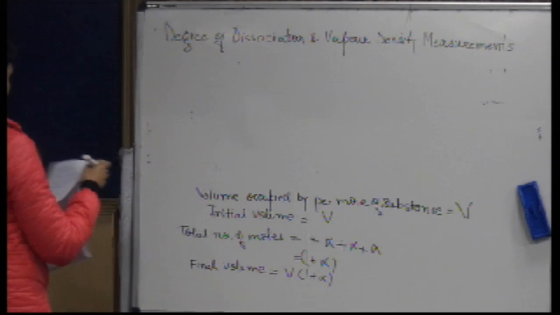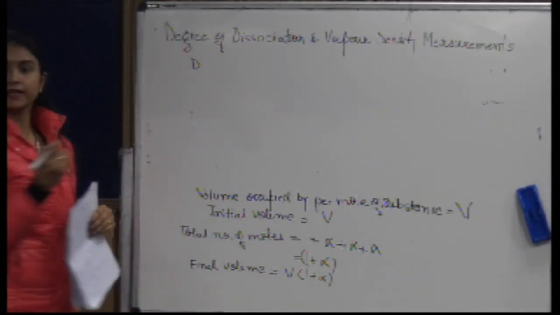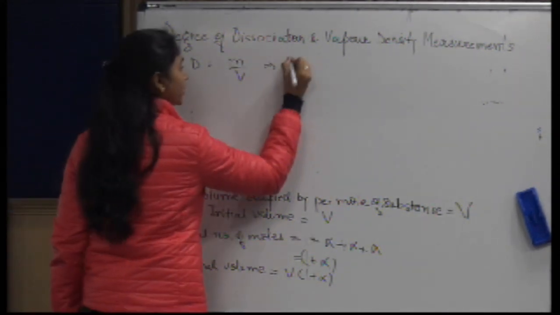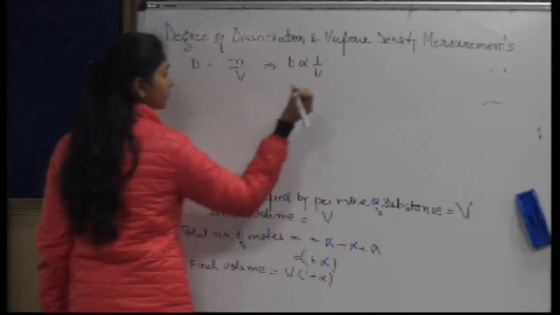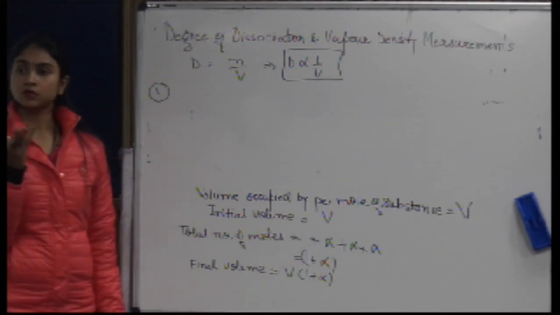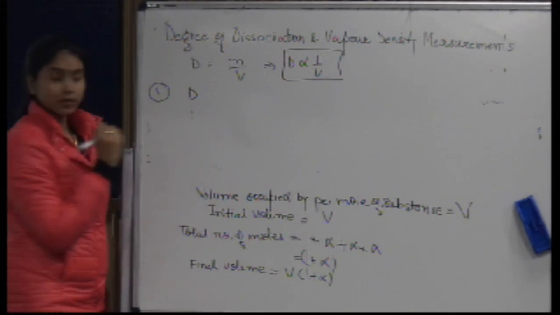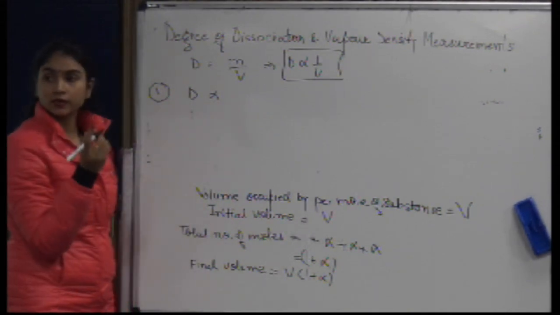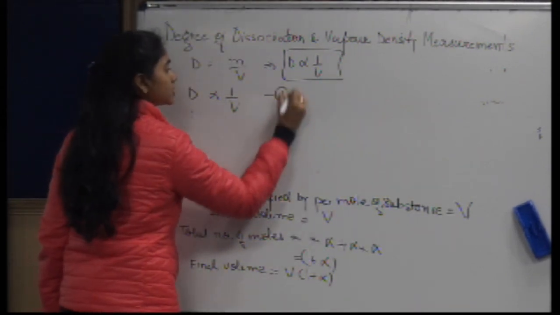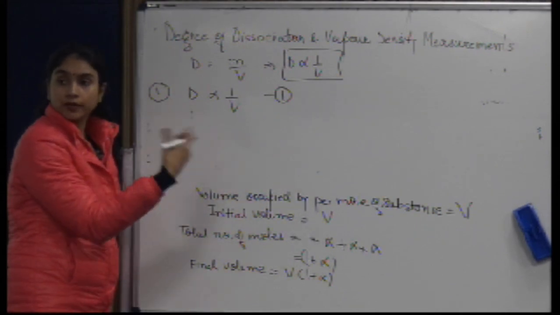Write ahead. Now we know density: what is density? Density is mass upon volume, or you can say density is inversely proportional to volume. This is the equation. Let me say the initial density of the system, before the reaction, is represented by D, and the initial volume which you have calculated is V. So this is your first expression, the density of the system before equilibrium has been established.